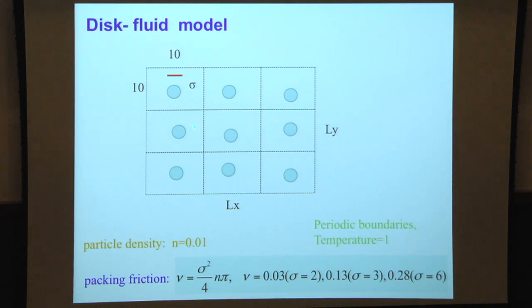By varying sigma, you can control the density of the system. I mean the packing fraction of the area fraction, which we will study in these three cases, corresponding to the dilute case and the moderate density case.